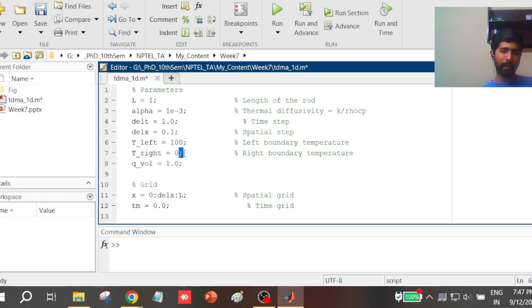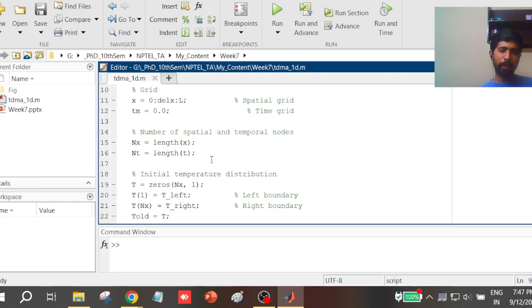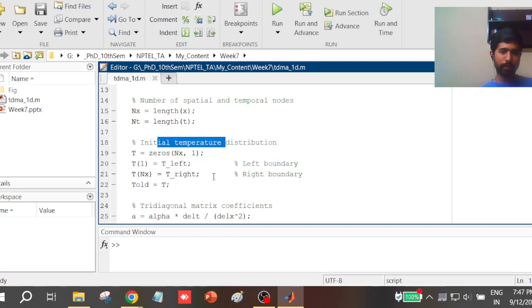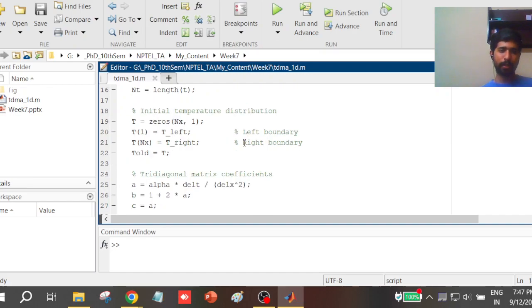T left and T right are the boundary conditions, and Q volumetric, let me first set to 0. An important thing, as I said, is the boundary conditions and the initial conditions. For the initial conditions I have given T of 1 and T of nx as T left and right, others are 0. That's my initial guess. You can take anything, but I'll simply take 0 as the initial guess.